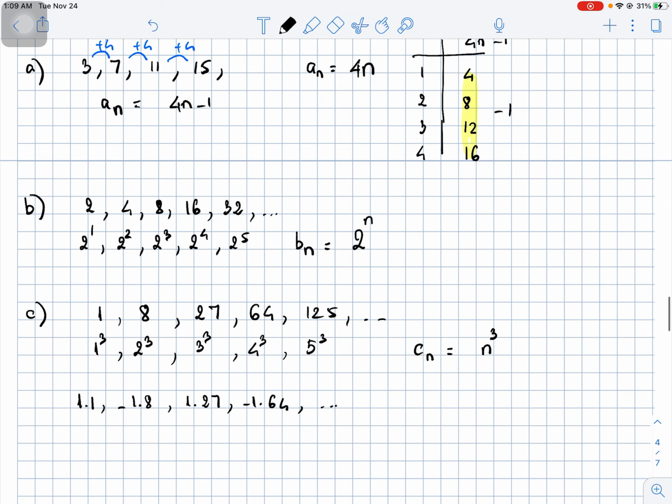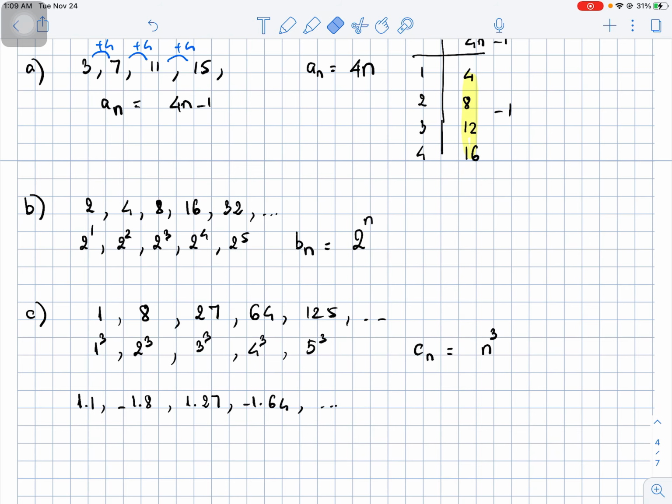So we separate the sign and the number. We already take care of 1, 8, 27, and 64. That is c_n. Now the sign, we can see that it is 1, -1, 1, -1. They alternate.